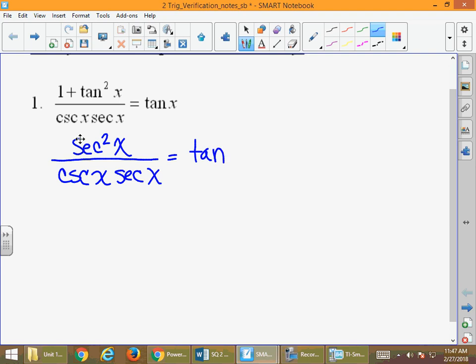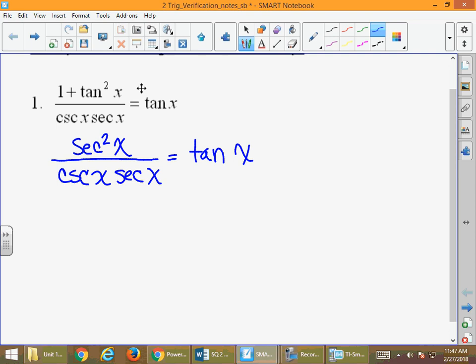We're only going to work on one side of the equation. In this case, again, the left-hand side, which is often the more complicated side. But also keep in mind that the more complicated side could be on the right side.